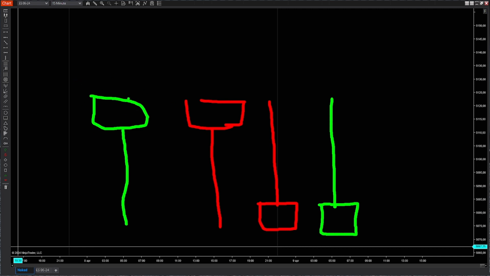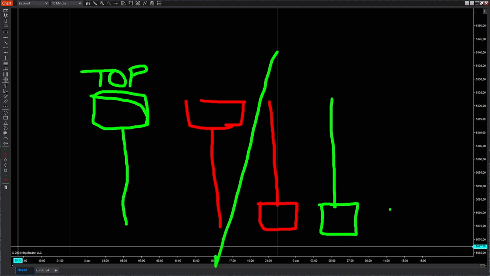So these are candlesticks that represent a shift in the market structure. So what does this mean? We often see this at the top of an uptrend or at the bottom of a downtrend. So this is at the top of a trend, and this will be at the bottom of a downtrend.